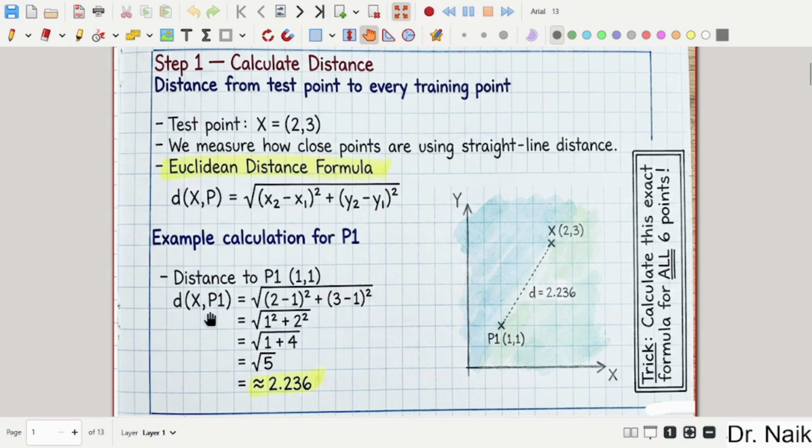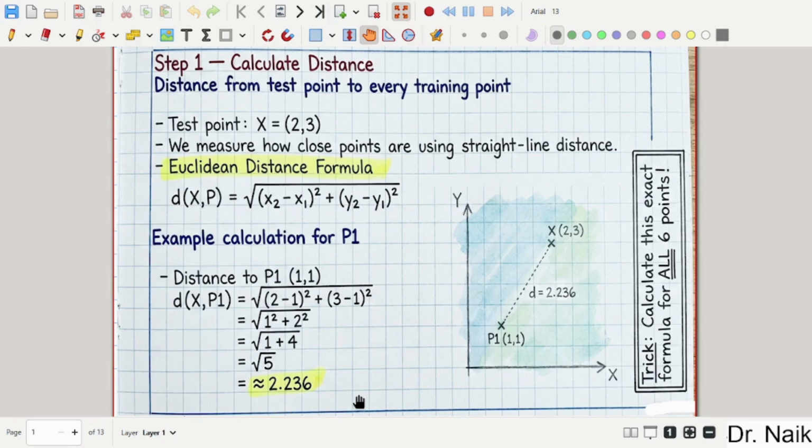So d of x, p1 is equal to square root of (2 minus 1) square plus (3 minus 1) square. So 2 minus 1 means 1 and 3 minus 1 is 2. So square root of 1 square plus 2 square is square root of 5. So the distance between the test point and point p1 is approximately 2.236.